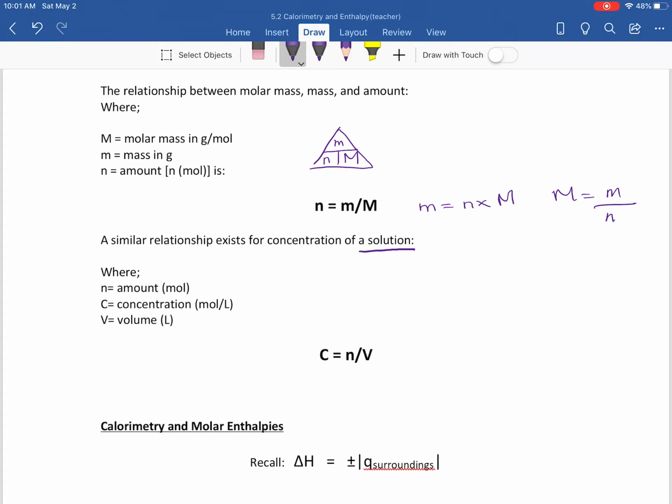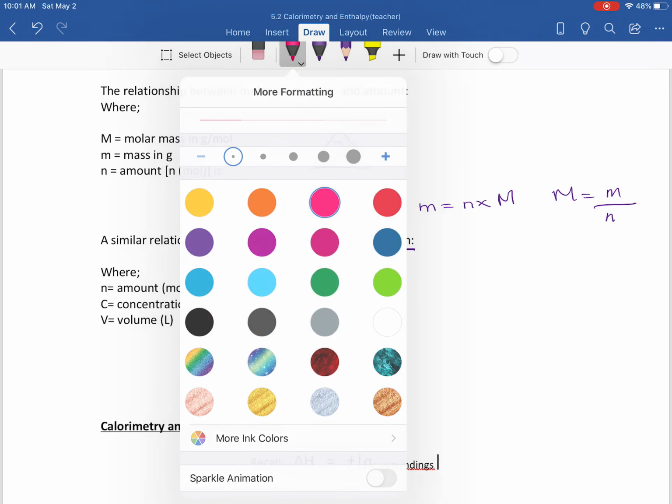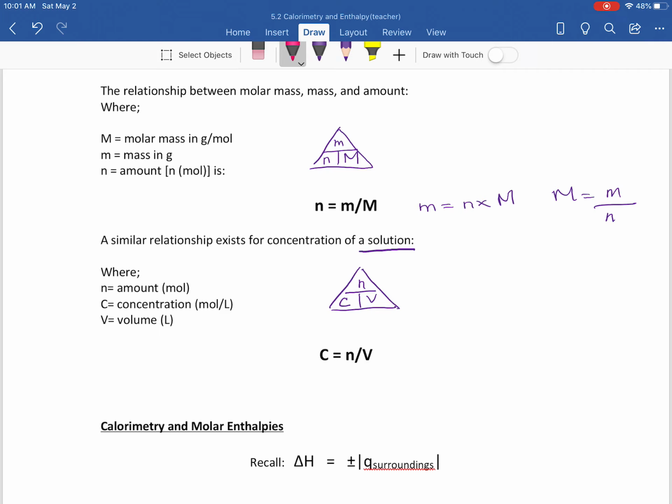We also need to remind ourselves about the second triangle from grade 11, which is the concentration of a solution. And don't forget that both of these triangles are linked by my number of moles.